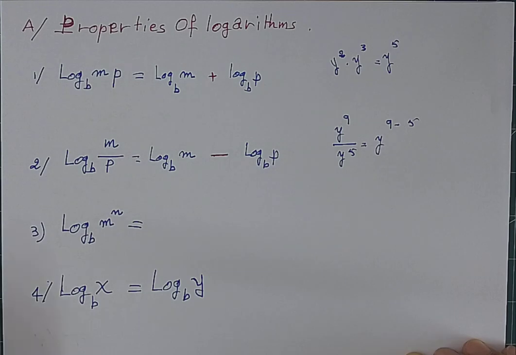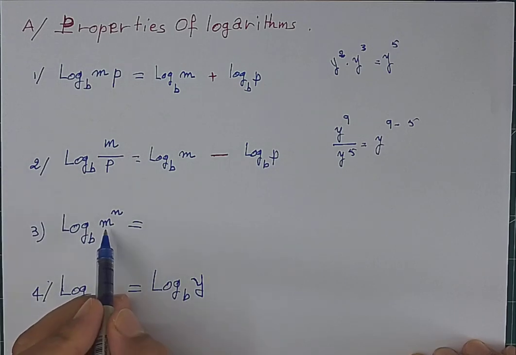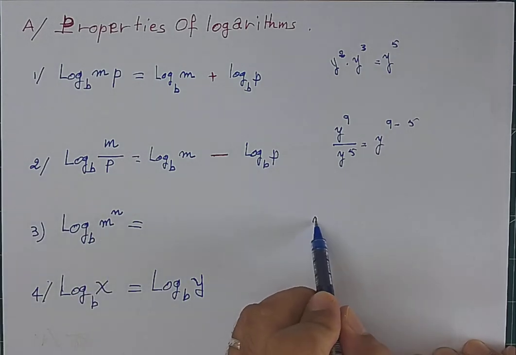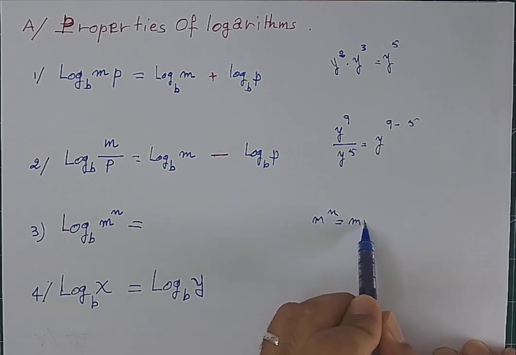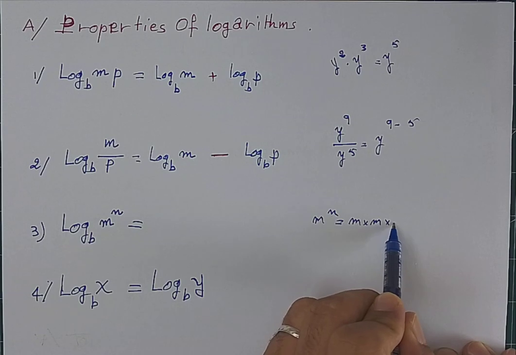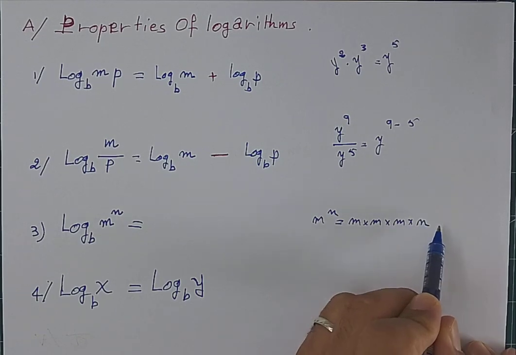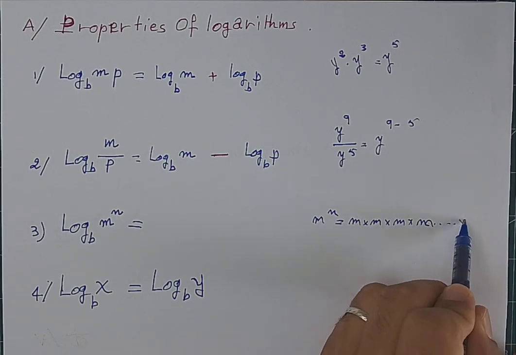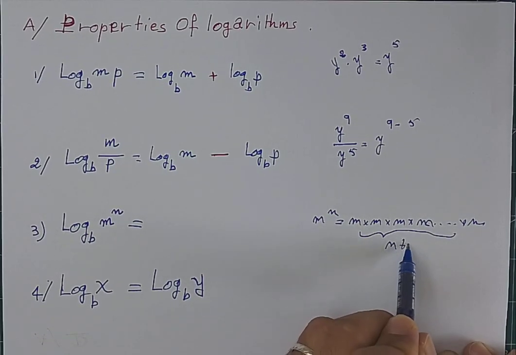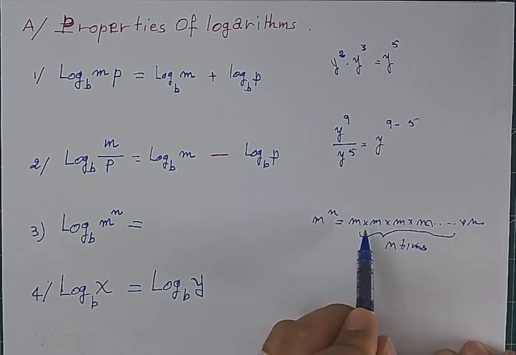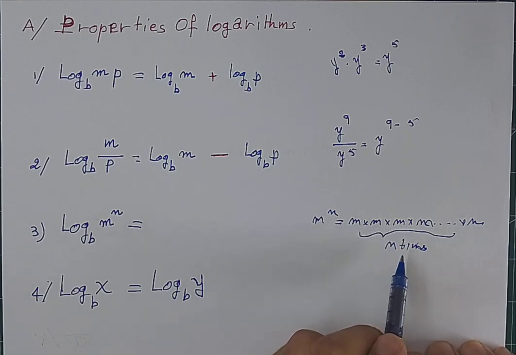Okay, so for this one here we have m to the power n. What does that mean? I have m times m times m times m, n times.